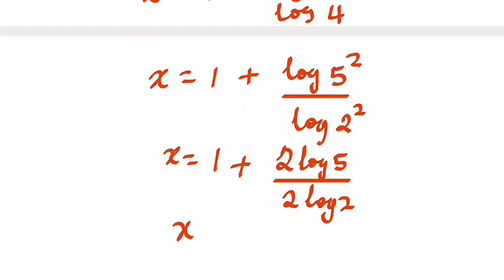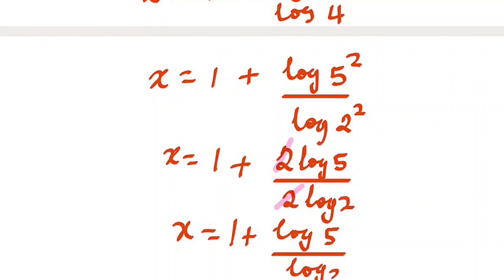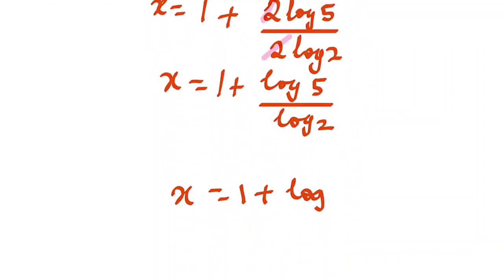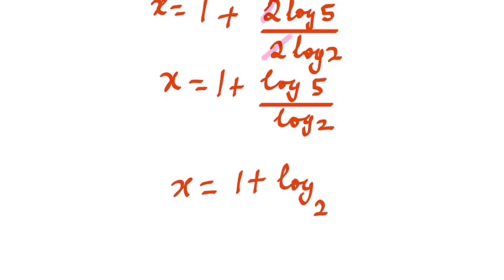We cancel this 2, and we're going to have log 5 divided by log 2. So x will be equal to 1 plus log base 2 of 5. We can rewrite it like that.